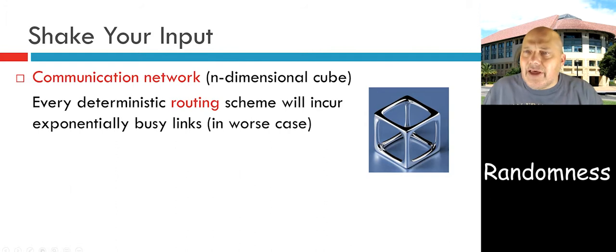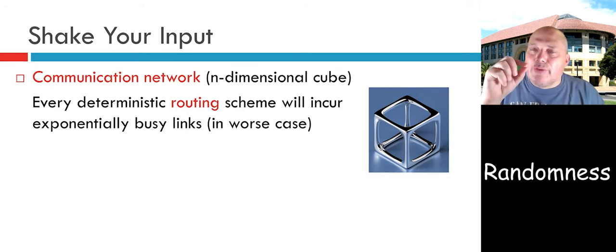Whenever this path is deterministic, there will be an extremely busy link. Essentially, a substantial fraction of all the messages will need to go through a single edge, which will create a huge slowdown. So this is congestion.